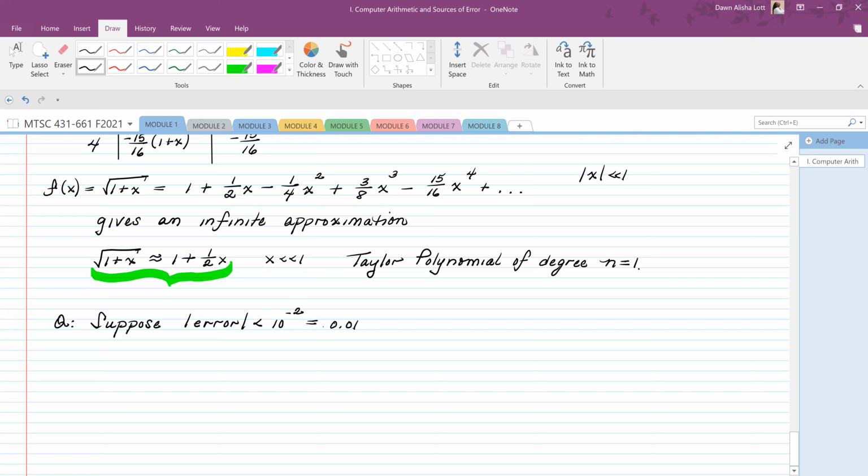So how small does x need to be to use only the two terms as an approximation?